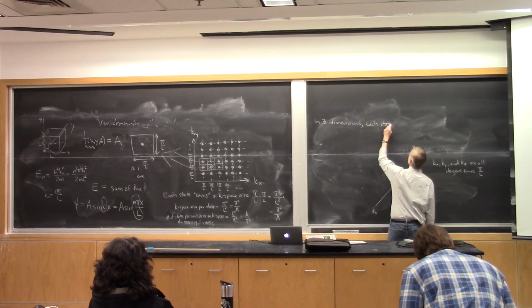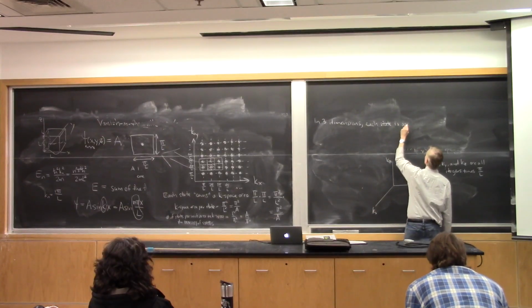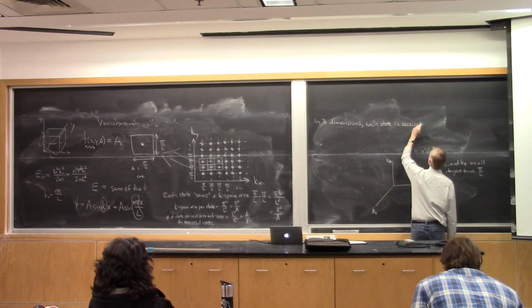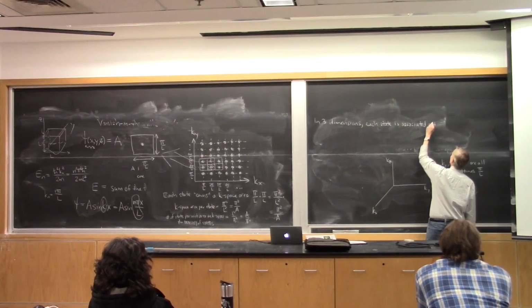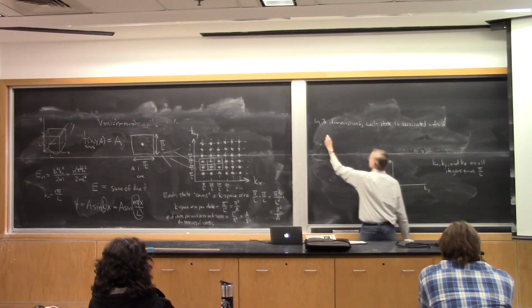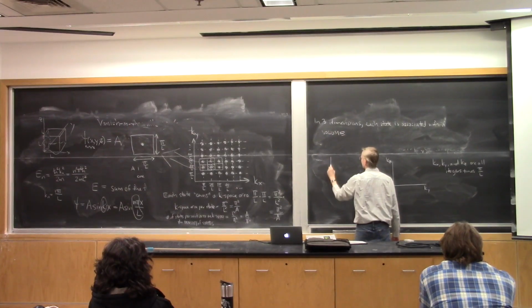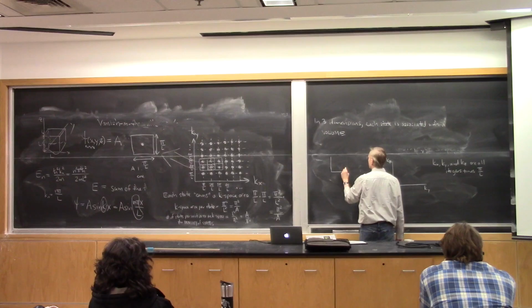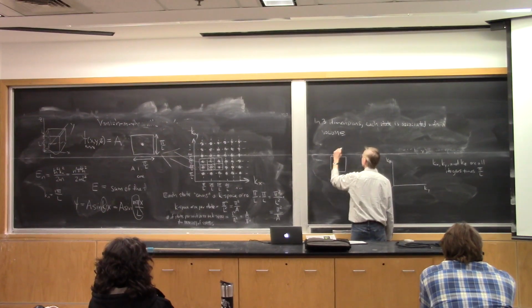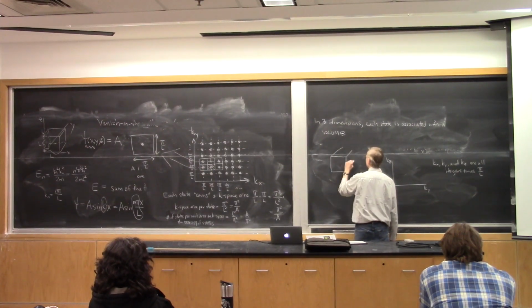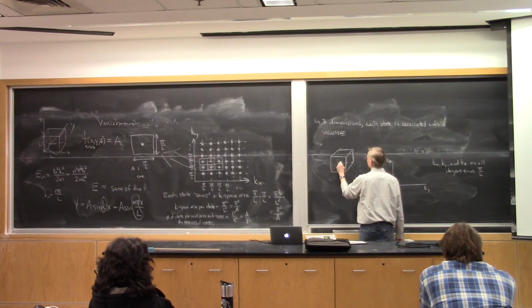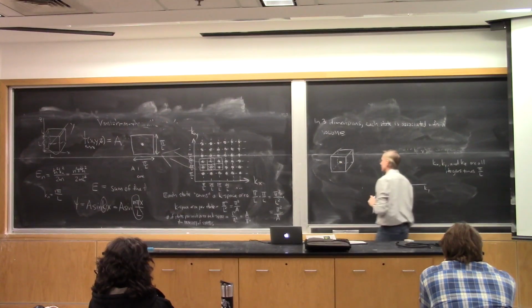So in 3 dimensions, each state is associated with, it owns it, whatever you want to call it, a volume. And I can actually draw this here. So I'll just draw one of those cubes in K-space. There's my dot in the middle.